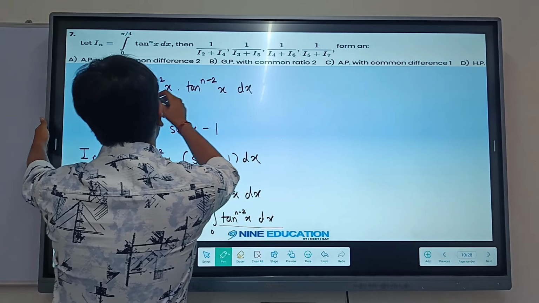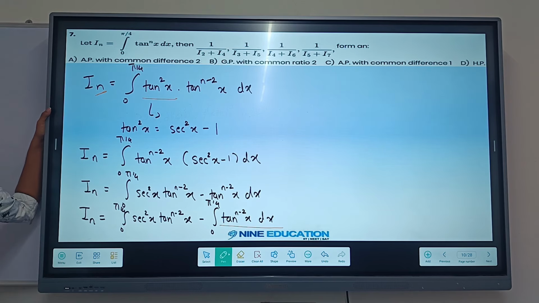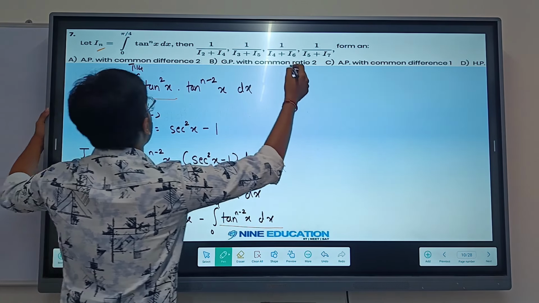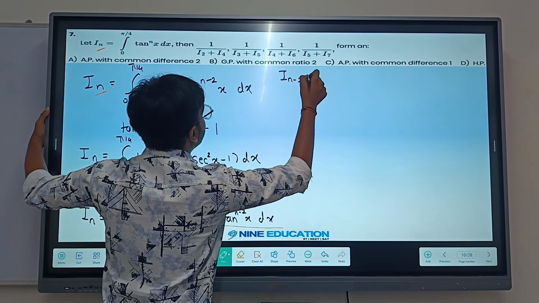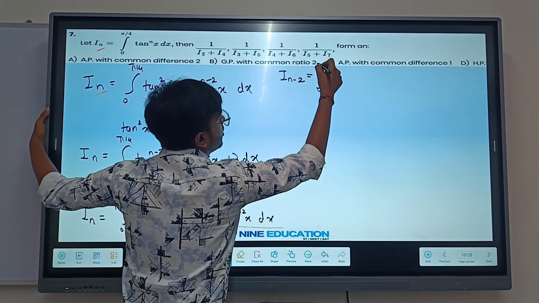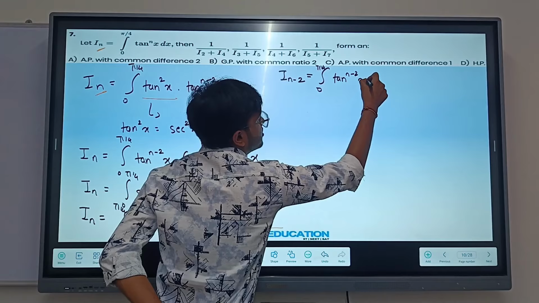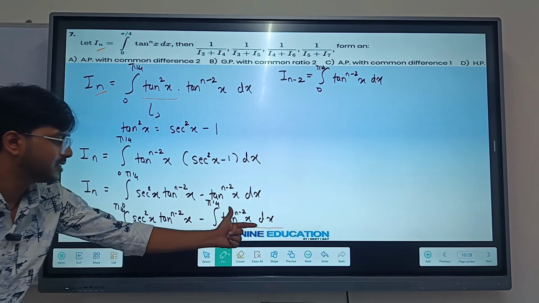If in place of n here I substitute n minus 2, what will I get? I(n minus 2) is the integral from 0 to pi by 4 of tan power n minus 2 x dx, which is this value.